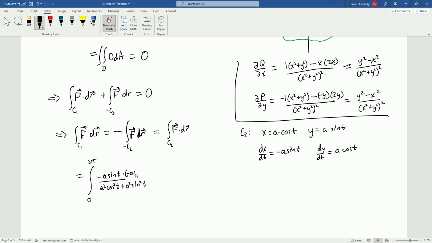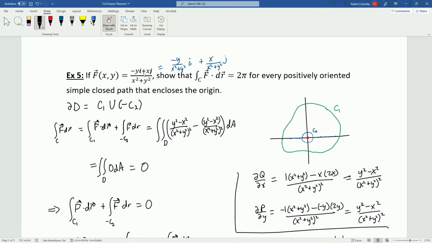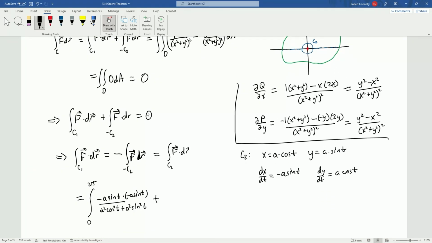So that's negative a sine of t, plus, now here we've got x j, so we've got x, which is a cosine of t, times dy/dt, it's a cosine of t again, over x squared plus y squared, so that's a squared cosine squared of t plus a squared sine squared of t.